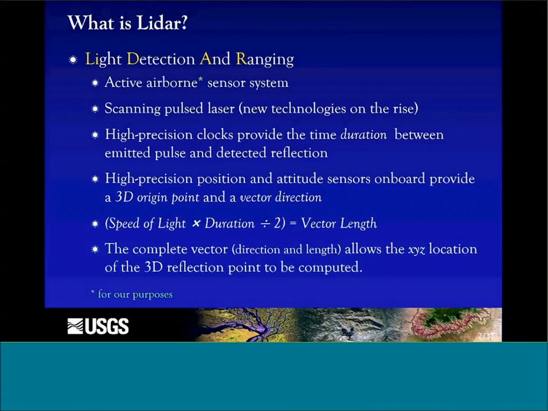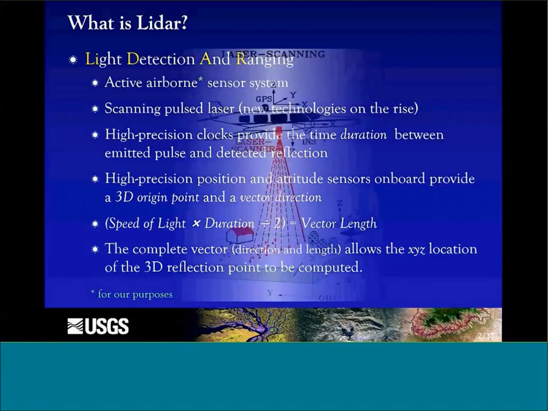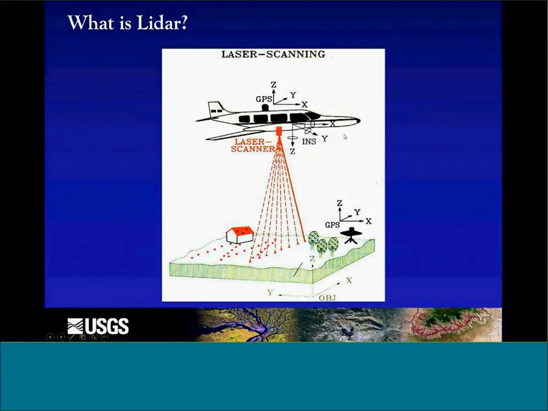Once we know the speed of light, we can get the length of that vector by multiplying the speed of light by the time duration, then dividing it by 2, because clearly there's both directions. With that complete vector information, both the direction and the length, we can calculate the XYZ location of the reflected point. Here's a little picture that shows our plane flying along, scanning back and forth, and we can see the zigzag pattern on the ground.